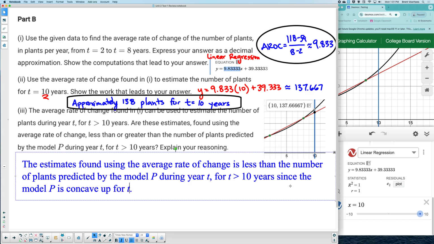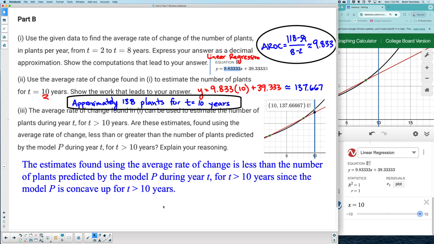I don't know if you'd have to say this, but I'll just do it again. For t greater than 10 years. Is that it?